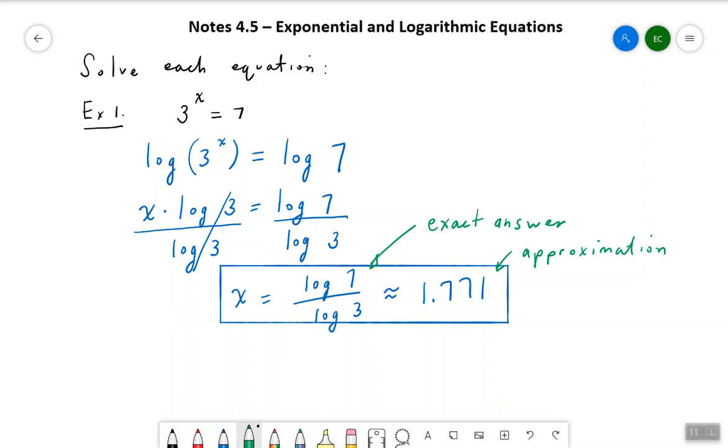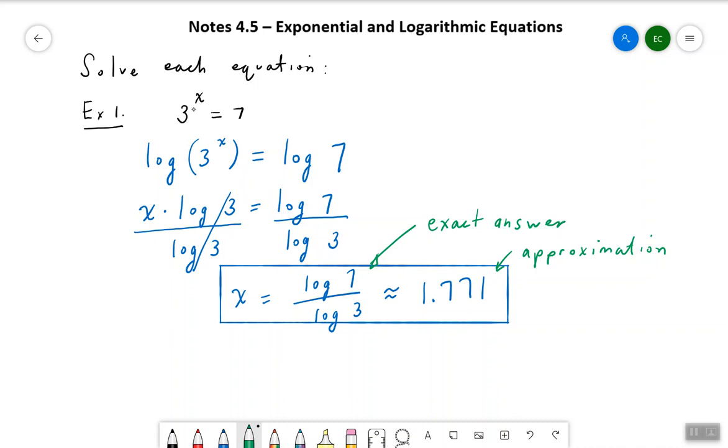I also want to remind you that instead of using common logs to solve this equation, we could have used natural logs, and it would have worked the same way. We would have taken the natural log of both sides in the first step, and at the end we would have wound up with the natural log of 7 divided by the natural log of 3, and that would be fine too.